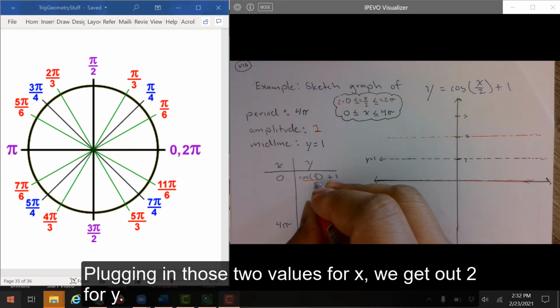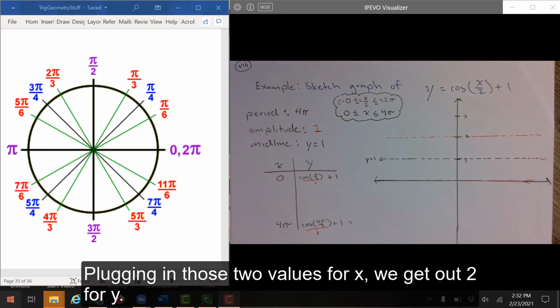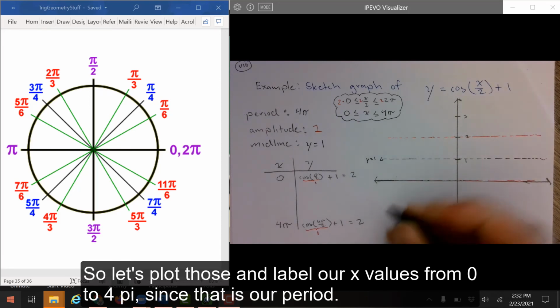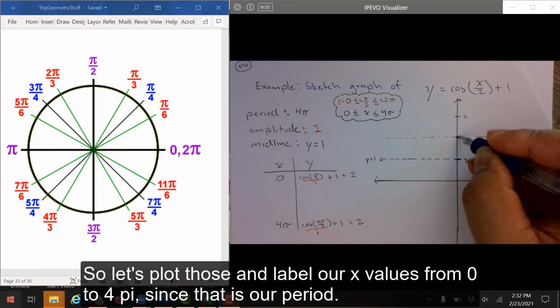Plugging in those two values for x, we get out 2 for y. So let's plot those and label our x values from 0 to 4 pi, since that is our period.